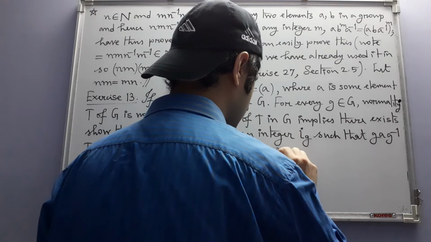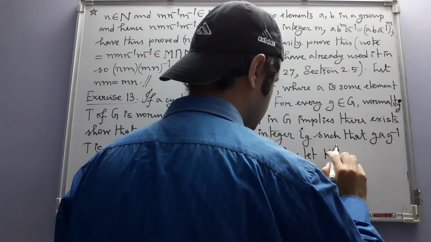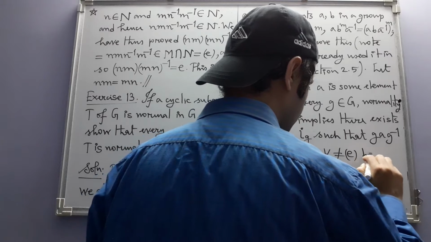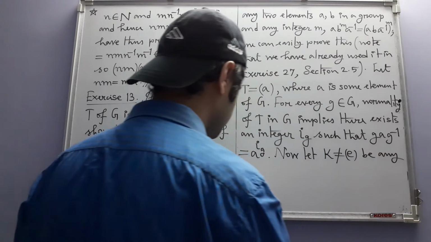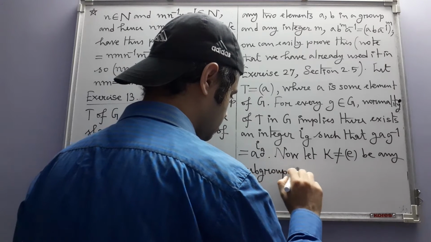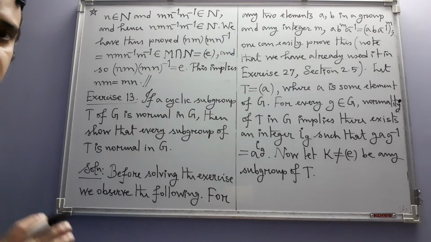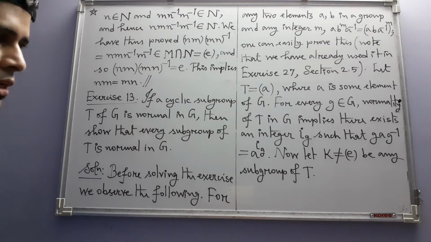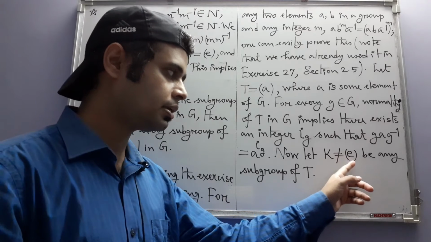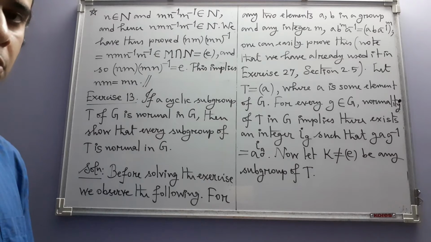Now let K, not equal to the trivial group, be any subgroup of T, and we want to prove that this K is itself also normal in G. We are not considering the trivial group because the trivial group is known to be normal in any group.